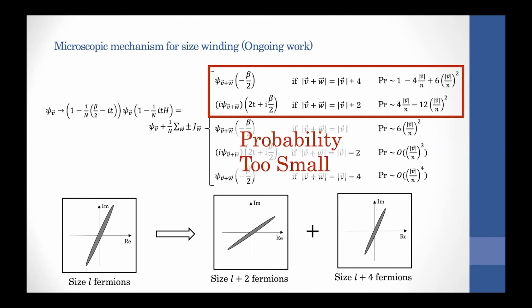So if you look at the operator of fermion size L, if this is the distribution, after one layer application of this operation, you get an operator of size L plus 4 from the first term, which is just a scaled version of these coefficients. But you also get an operator of size L plus 2 with a coefficient that is a complex number. So you slightly rotate linearly by a complex number. As you keep applying this kind of operation, the size distribution could either stay real or get a linear phase.